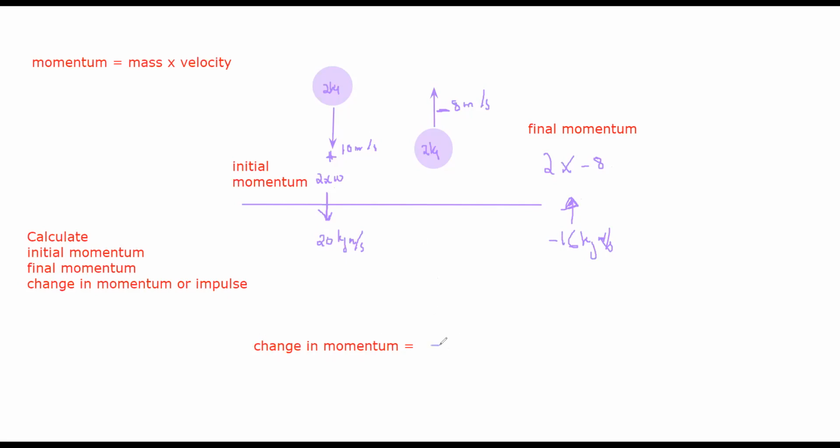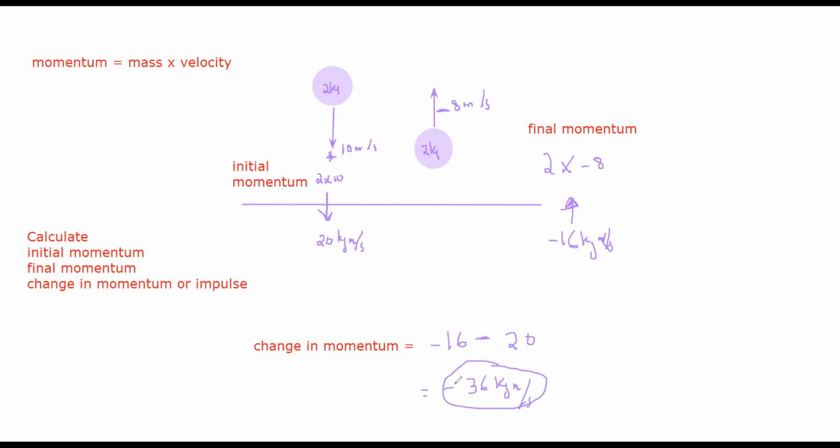The final momentum is minus 16, minus the initial momentum, 20. So this will be minus 16 minus 20. The final answer will be minus 36 kilogram meter per second. So the change in the momentum is minus 36 kilogram meter per second.